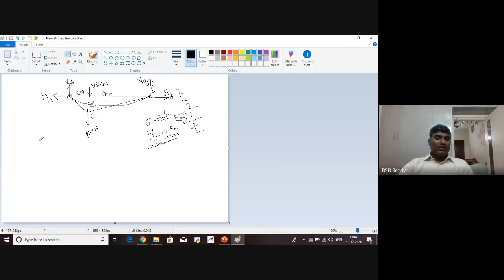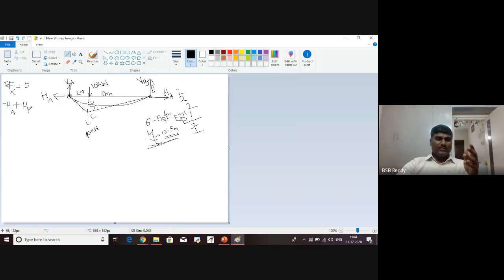So what we do? So we have equilibrium equations called sigma Fx = 0, sigma Fy = 0, sigma M = 0, right? So let's write sigma Fx = 0 first. So what does it mean? All the horizontal forces sum is equal to 0. So what are all horizontal forces? There are only two. One is to the left, let's call it minus, plus acting towards right.